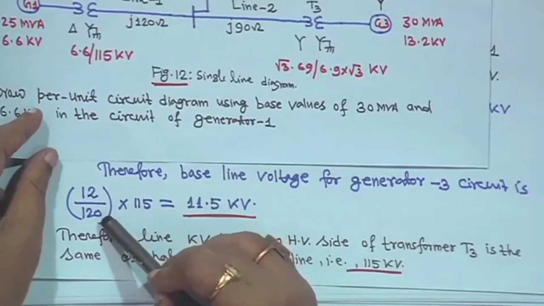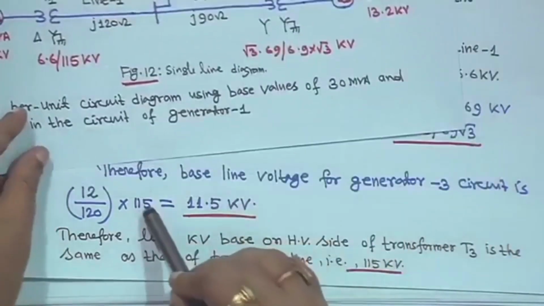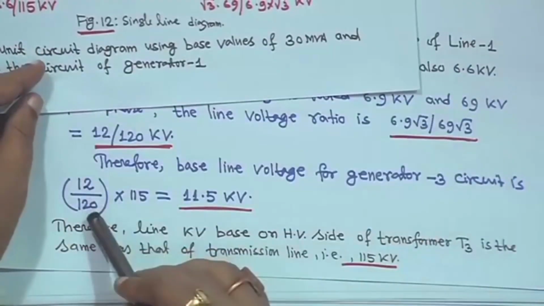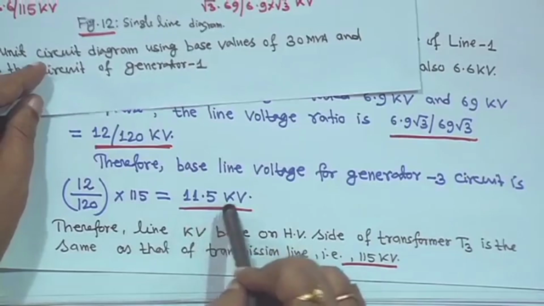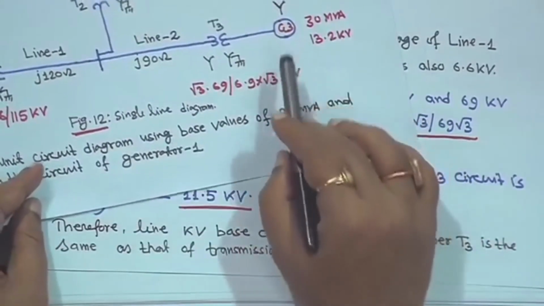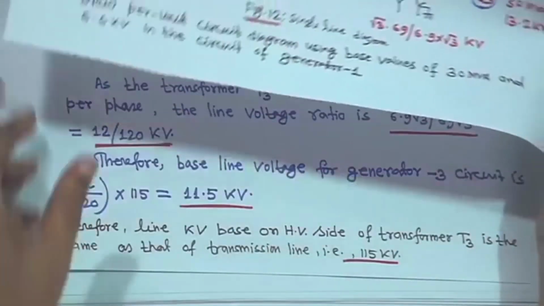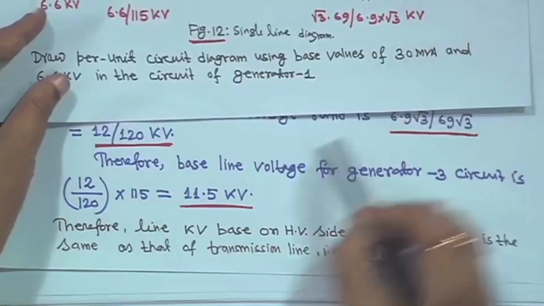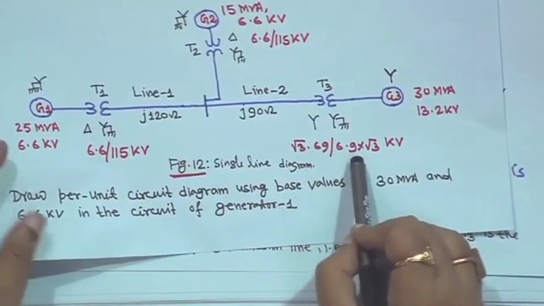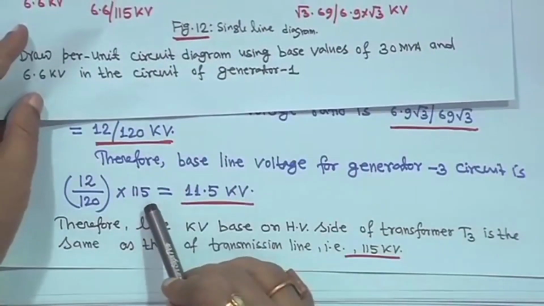by 120 kV. But the line base voltage on this side is 115 kV, right, so this side should be 12 by 120 into 115, that is, this side will be 11.5 kV, this generator side, right. So the base voltage for the generator 3 circuit: the transformer is now 12 by 120, right, but your base voltage on the line side is 115 kV.